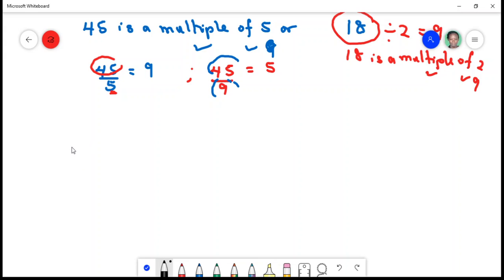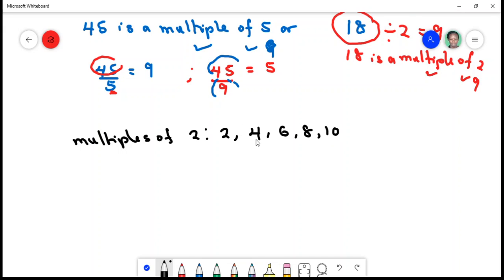So when we're asked to find multiples of 2, what were you doing? You are just adding up. You have 2, you add another 2, 4, you add 2, 6, 8, 10. That is another way of writing multiples, adding the number over and over again.